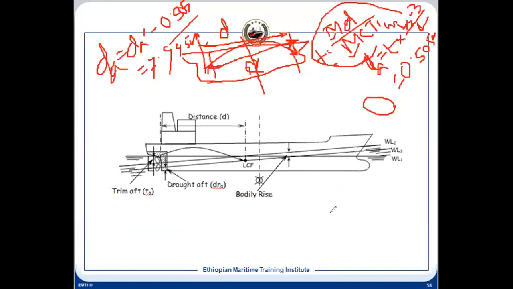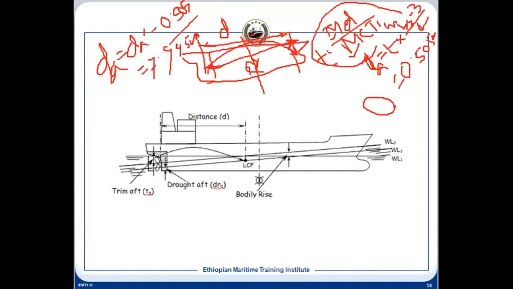And then bodily rise, we have the TPC, we can find out the bodily rise. And then we can calculate how much is the aft draft.